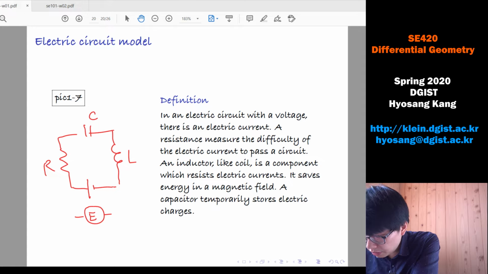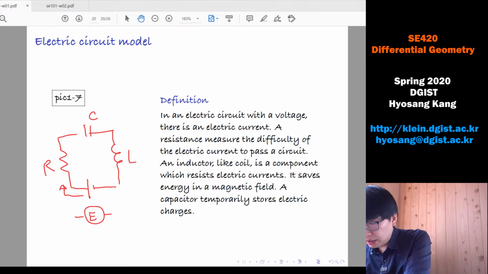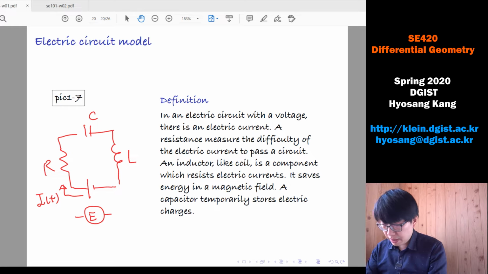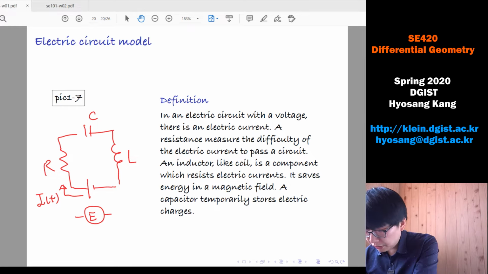Now the electrons circulate from this side of the voltage and then go in this direction, and when the electrons cross over the resistance, we consider that the voltage drops by R times the current I(t). So we're measuring how much voltage drops whenever it crosses this component of the electric circuit.